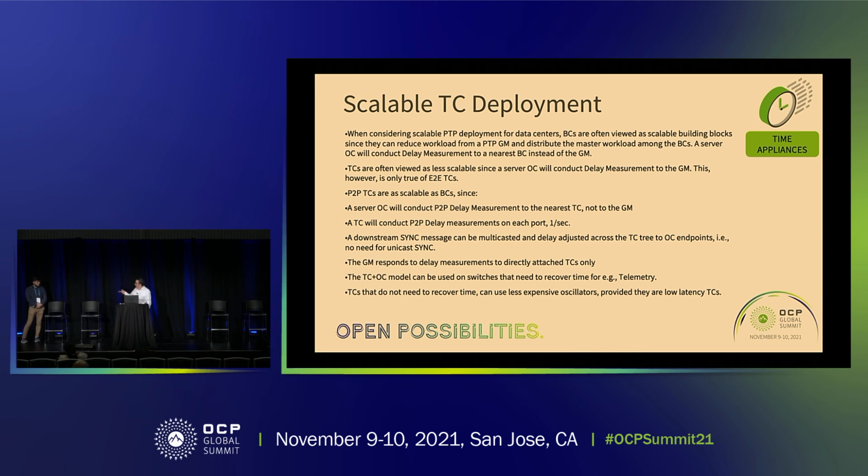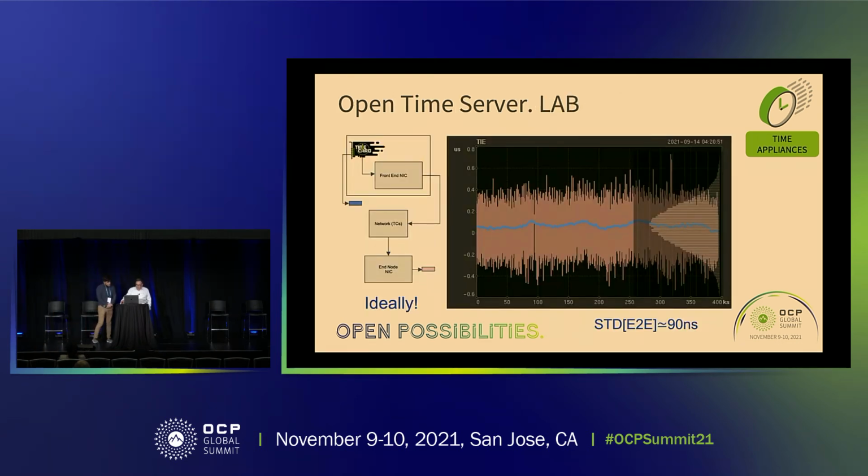So I think next, you want to talk about some of your experiences. Sure. Here we did a test with an open time server as a grandmaster, and then a TC in between, and then an end node. You can see the error bound that it adds, there are 4 layers of transport.